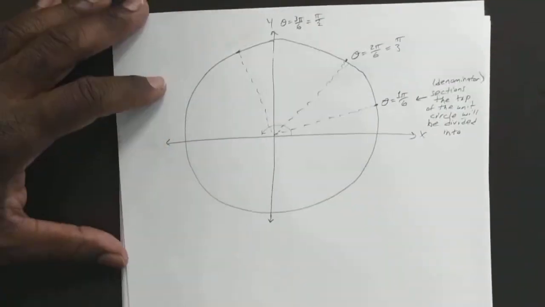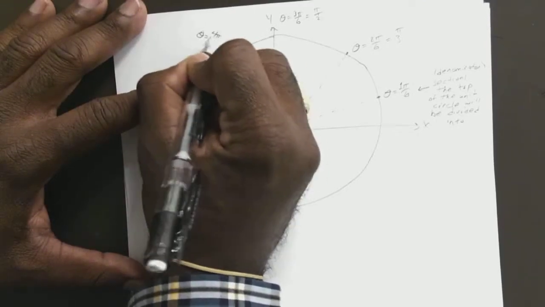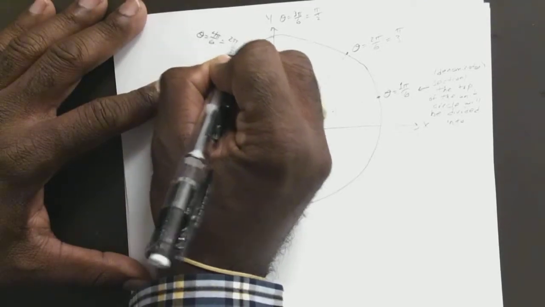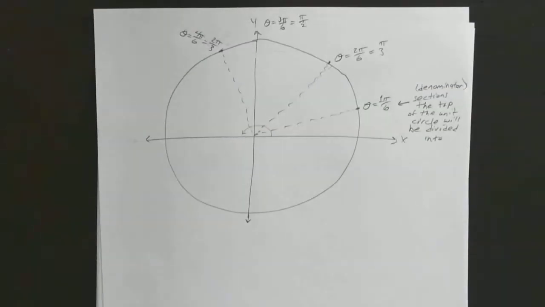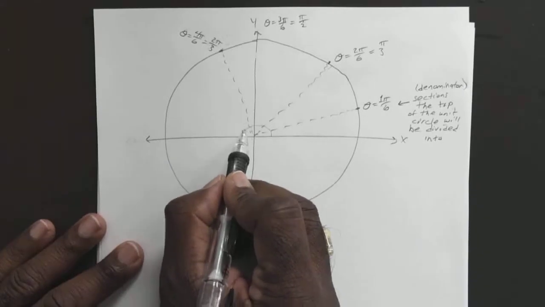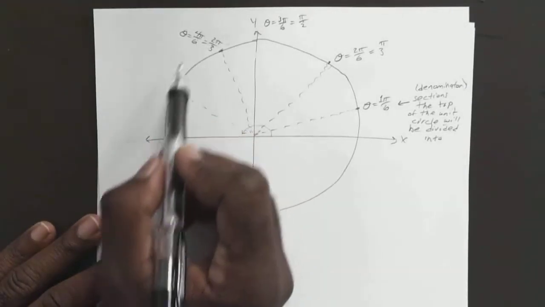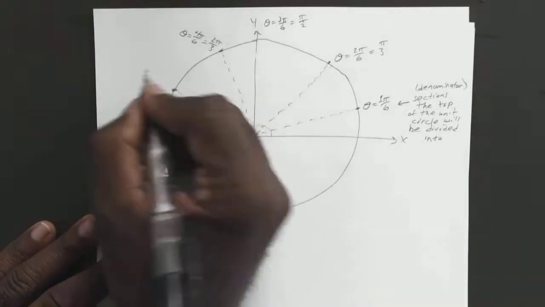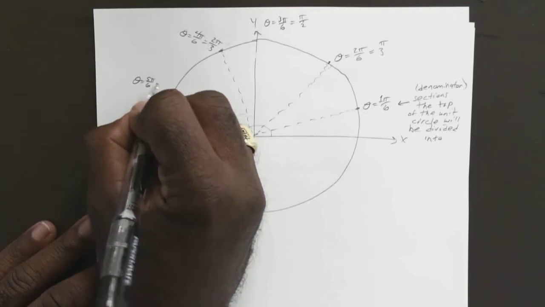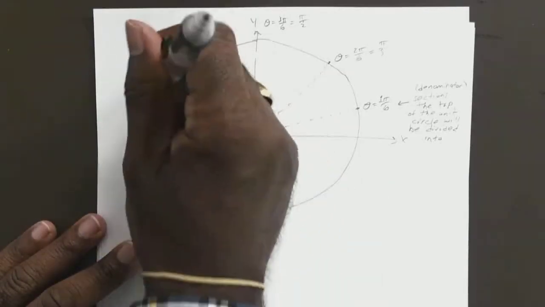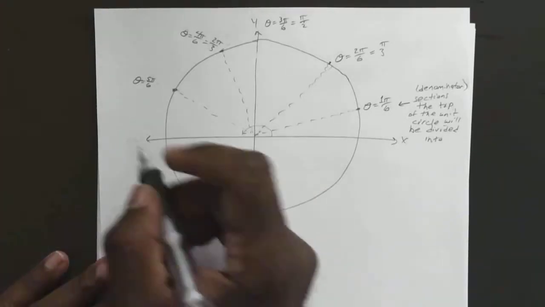I'll rewrite that to give it a little more room so it's not cramming everything there. So theta equals 4 pi over 6. It's 2 pi over 3. Bring that down some. Okay, so if we go here, you have 4 pi over 6. So that would be 5 pi over 6. Nope, 5 pi over 6 can't be simplified, so it stays that way.